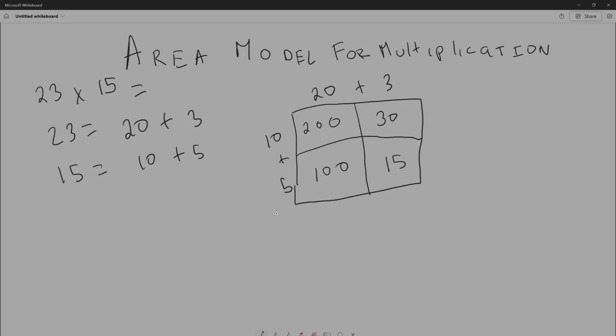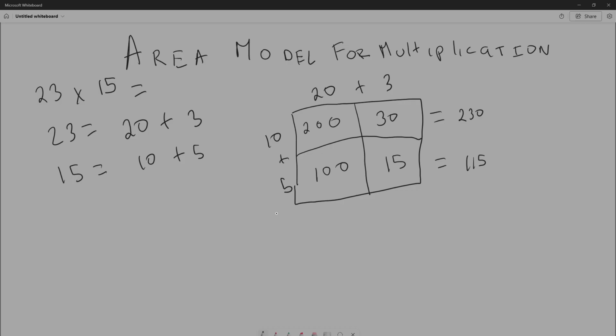Now our final task is to add up all the numbers inside the grid. So we can do that first by adding each row. We can do 200 plus 30, that's 230, and 100 plus 15, that's 115.